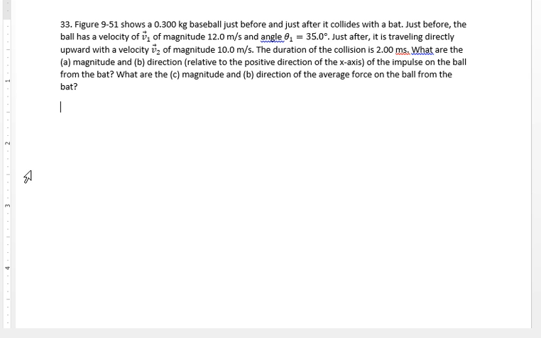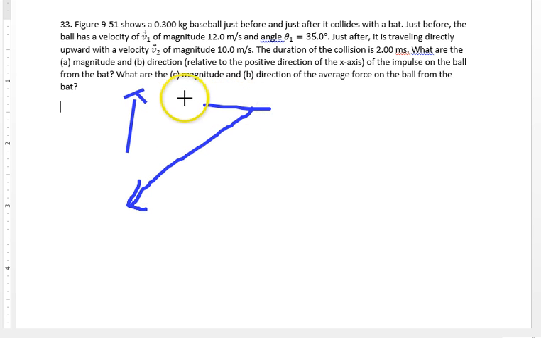All right, so let me look at this picture again really quick. So the bat, okay. So we have y coordinates are up. So the ball is coming in like this. That angle, theta 1, is right there.